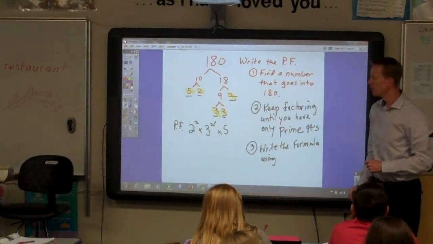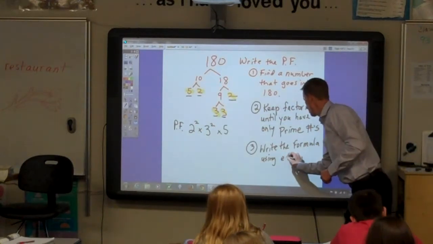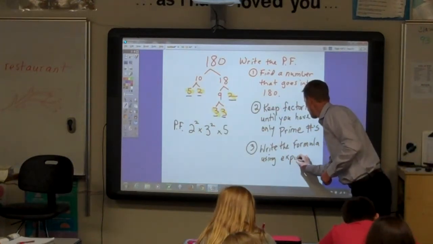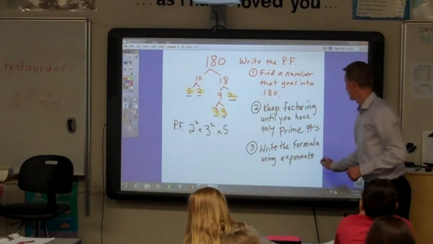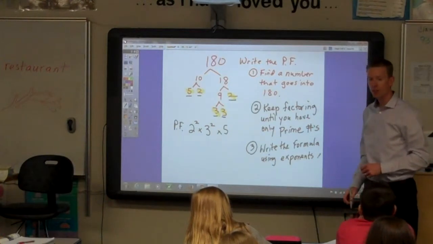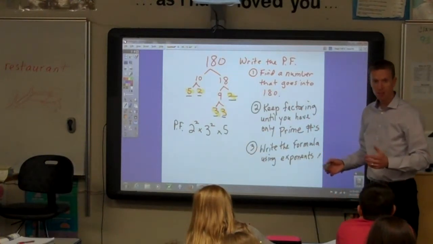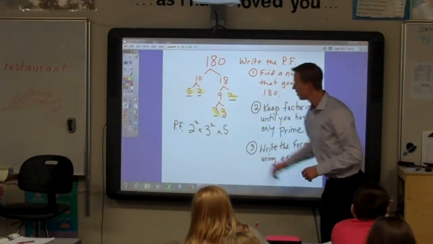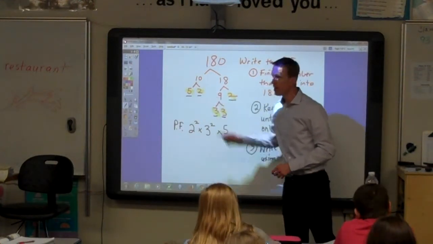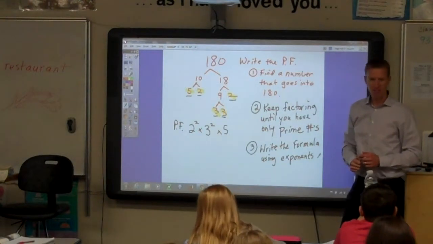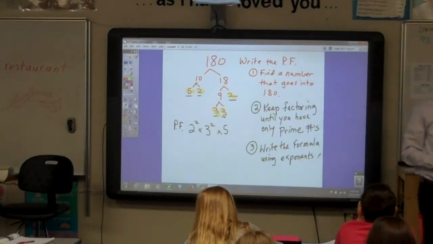Sam? Using exponents. And check your formula mentally. Mentally check your formula. Make sure that it includes all of the prime numbers that you found. Okay? Any questions on that?